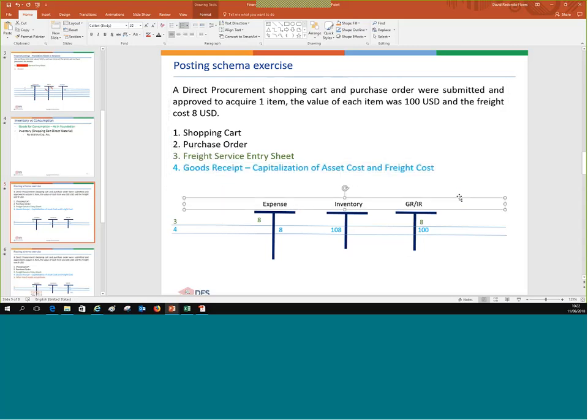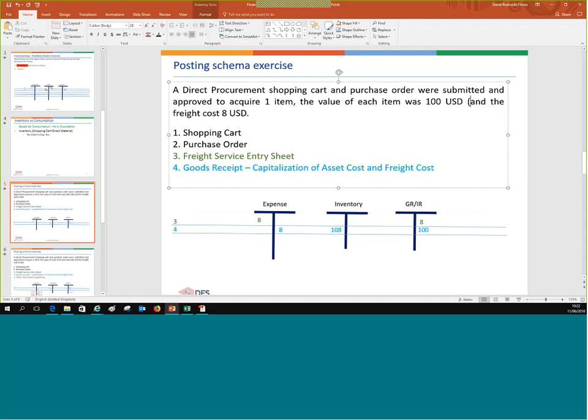What happens when the goods receipt is processed and the item was for inventory is that the amount doesn't go to expense account. So if we are acquiring an item for the value of $100, we will have $100 plus 8% going to inventory account. And listen, I'm saying 8% and I'm not saying $8.